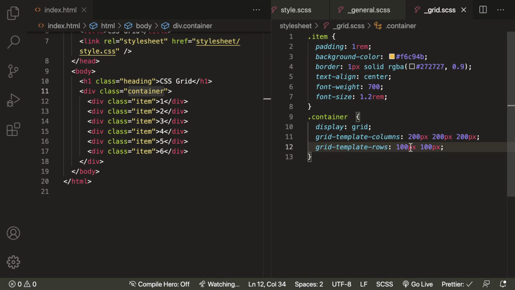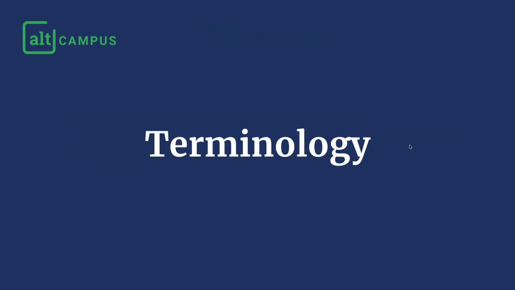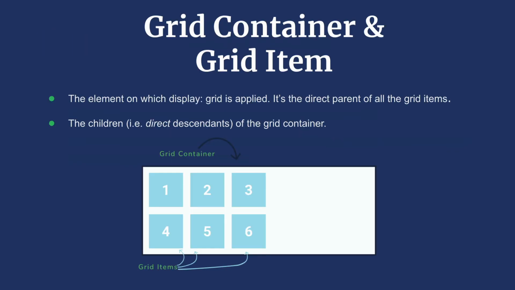But before that, let's understand some of the important terminology inside the CSS grid that we must keep in mind to make use of the properties and values inside the CSS grid. So the very first terminology is grid container and grid item.